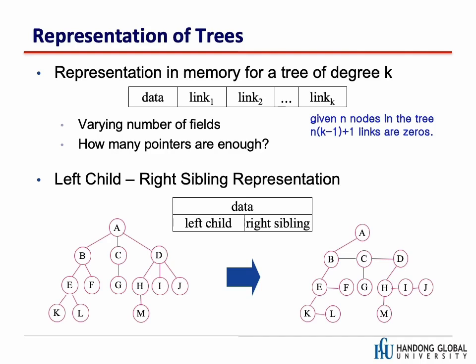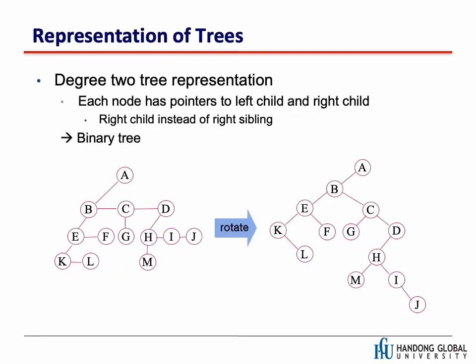In this right sibling representation, each node has 2 children at most. So now we can define our structure with 2 pointers: left child and right sibling. That's how we can define our structure. Let's assume that we have a degree 2 tree, then that can be represented simply.